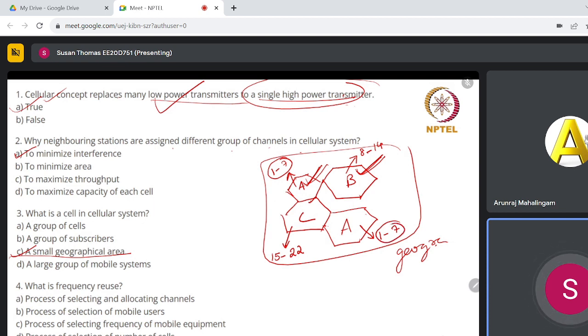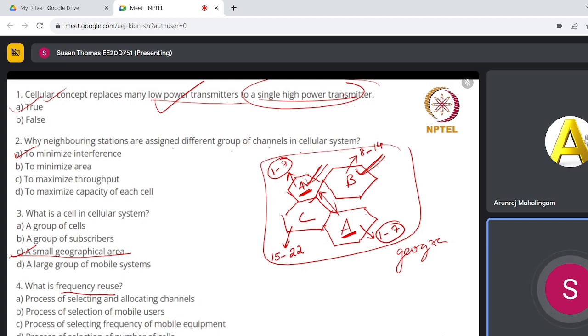The same frequency channels are being used by this cell and this cell. So there is frequency reuse. Now the same channels can be used provided the distance between these two is properly designed.